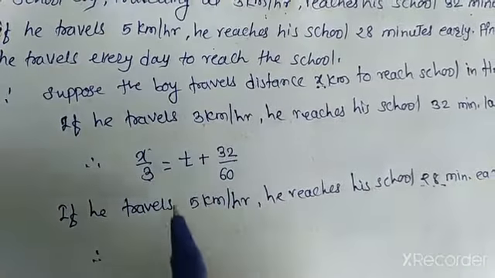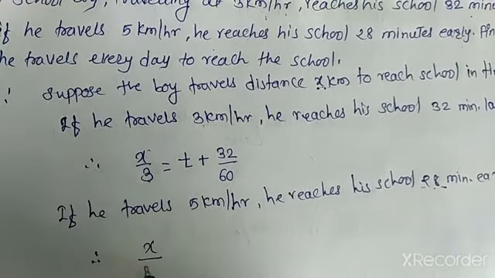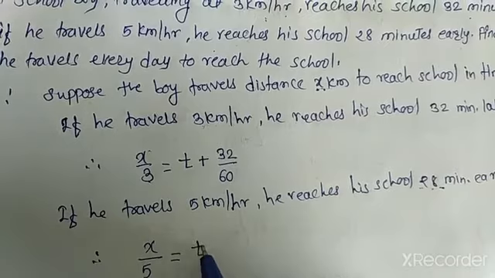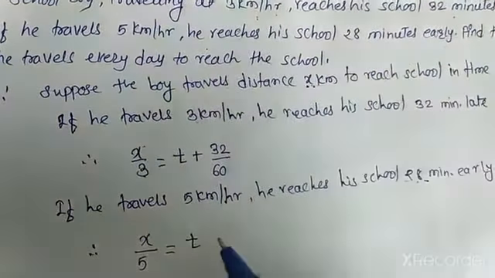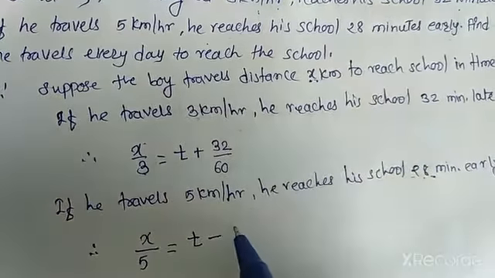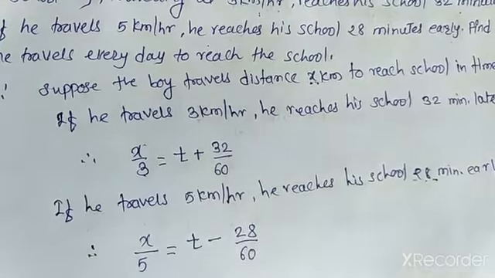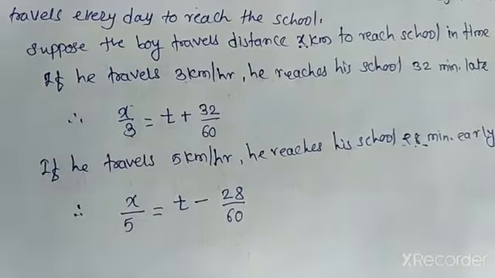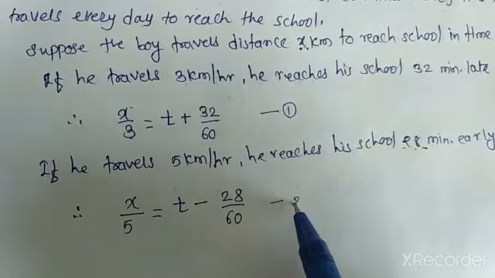Therefore here the distance remains the same, x, and here the speed is 5 kilometers per hour, so x upon 5, and he has to cover t hours, we have considered time t hours, minus here he is reaching 28 minutes before, so 28 upon 60. Okay, so here we get two equations, so write it as equation 1 and equation 2.